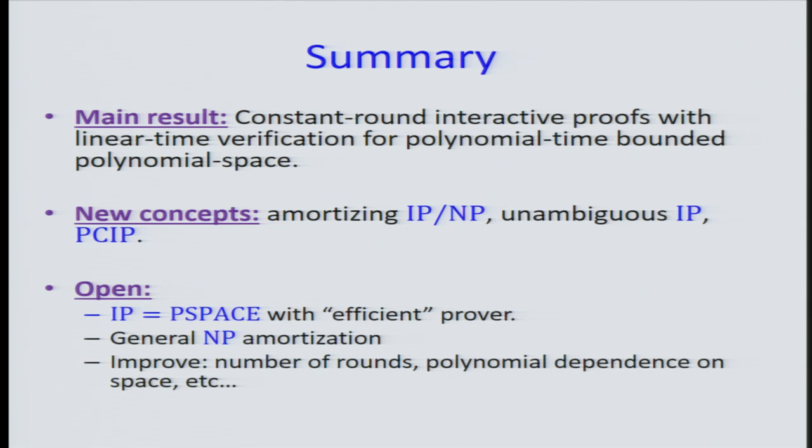In general, you would hope that if you want to do an interactive proof for time t, space s computations, you'd get a prover that runs in some poly t or even t time. And our protocol doesn't get that. The classical IP equals PSPACE protocol gets a prover that runs in 2 to the poly s. So a very inefficient prover. And this is a great question.